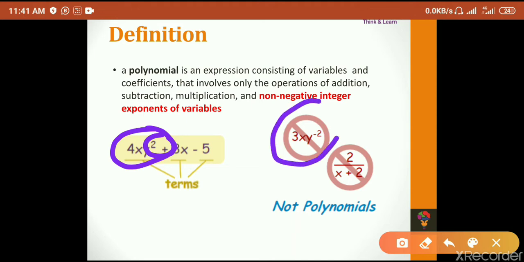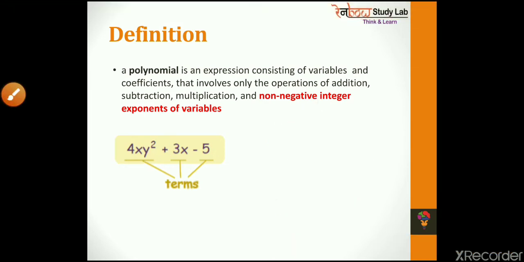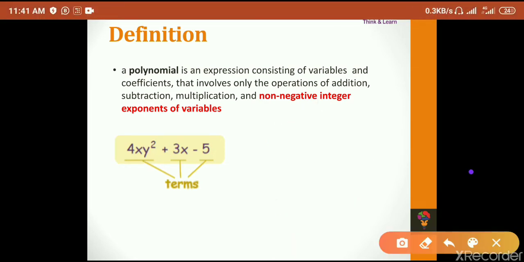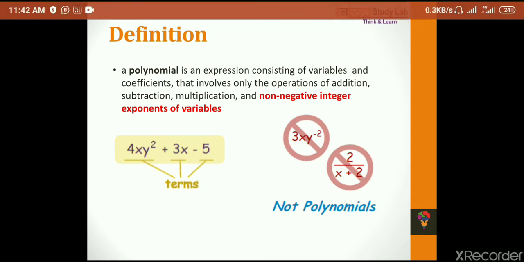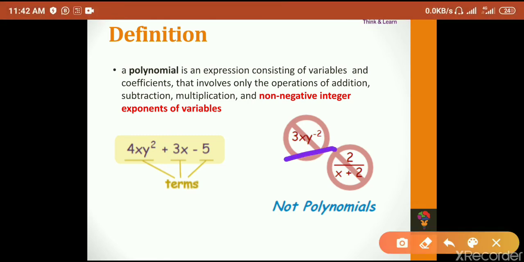While in this question, you can see y is having power minus 2, but minus 2 is not a whole number. Therefore this particular expression is not a polynomial, because the variable is having a negative power. The power must be a whole number.